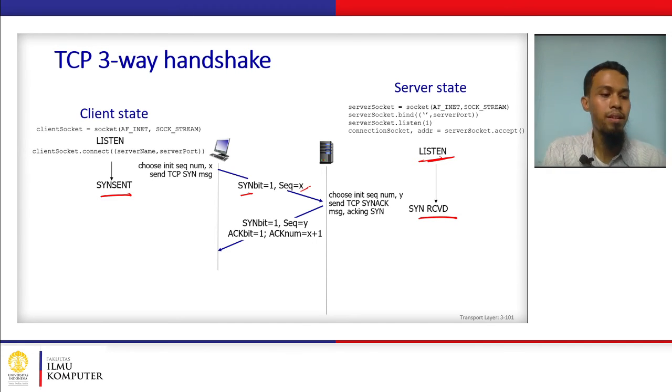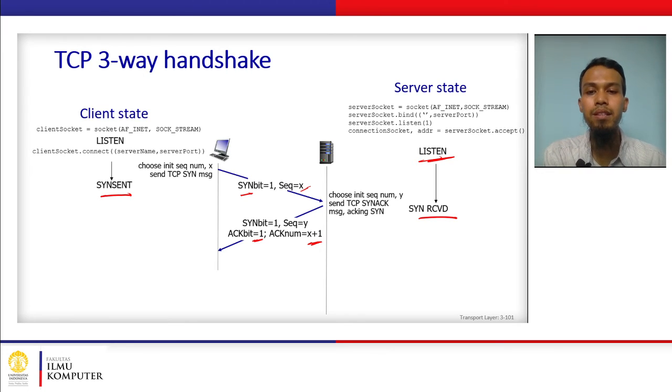After that, the server has to send an acknowledgement for the TCP SYN message sent by the client, and we set the acknowledgement bit to 1. The acknowledgement number is equal to x plus 1, because let's say this is just one byte, so for the next transmission the server expects the client to send sequence number x plus 1.